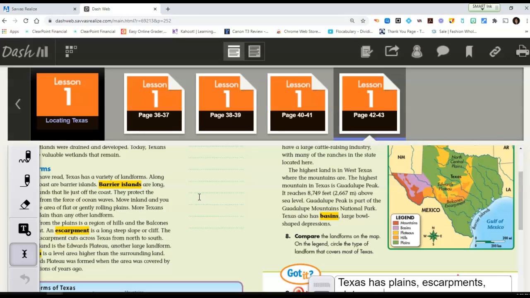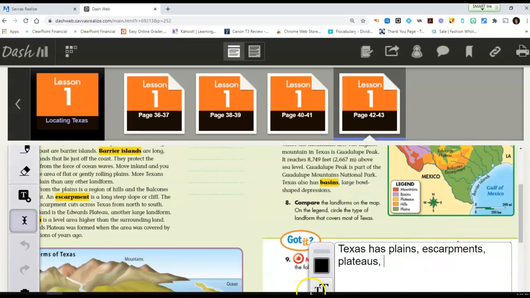Let's see. Who else? Andrea, what other types of landforms does Texas have that make it so unique? Plains, escarpments, plateaus.